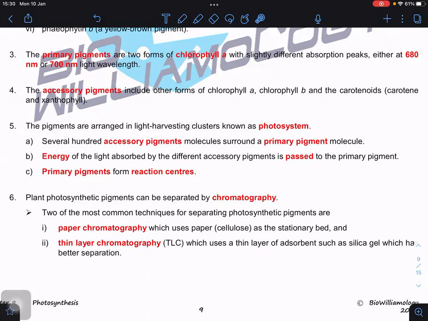Okay, so we have learned about this. If you want to study the pigments in the plant, we can separate them. How do we separate them? We can separate them based on 2 types of methods. It's the same type of method, but done in different ways.